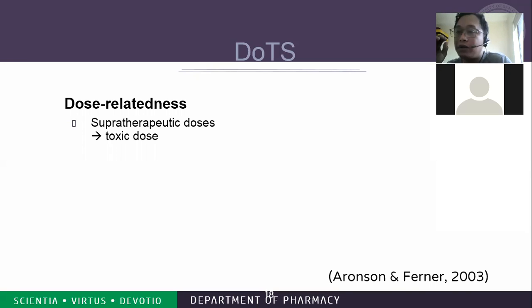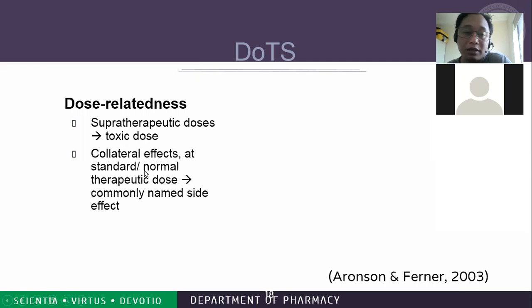So we have three different classes to see the adverse reactions, from three dimensions.